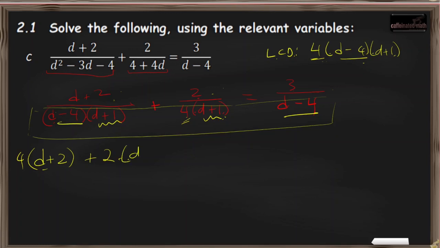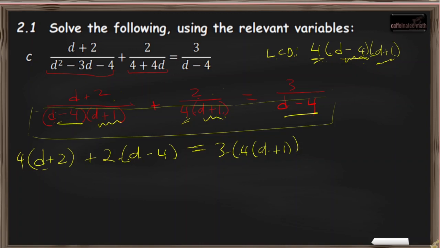So we'll multiply it with that, and that's equal to 3, which already has the d minus 4, but we need the d plus 1 and the 4, so that's multiplied by 4 times d plus 1. Close the bracket correctly.